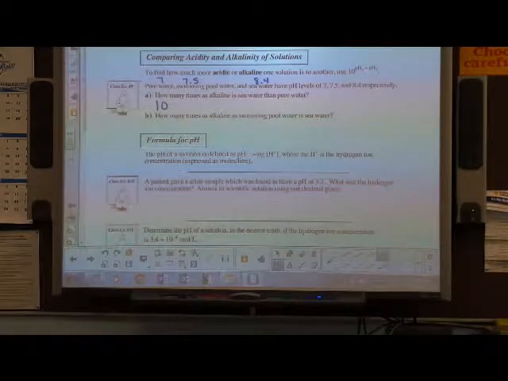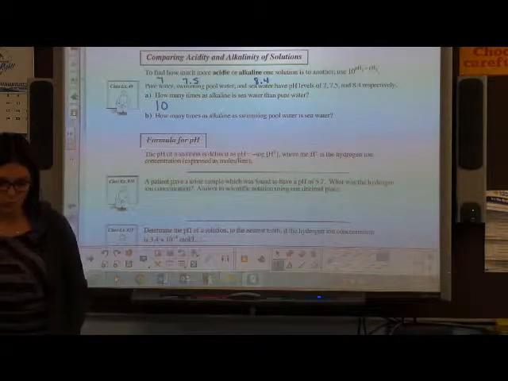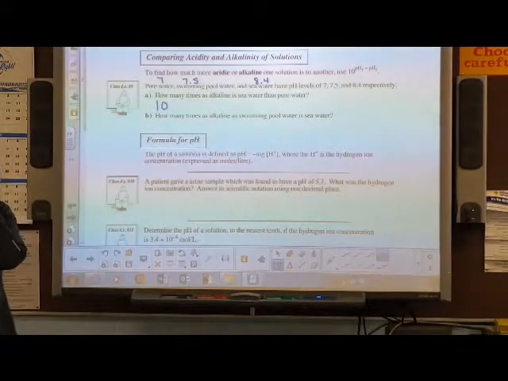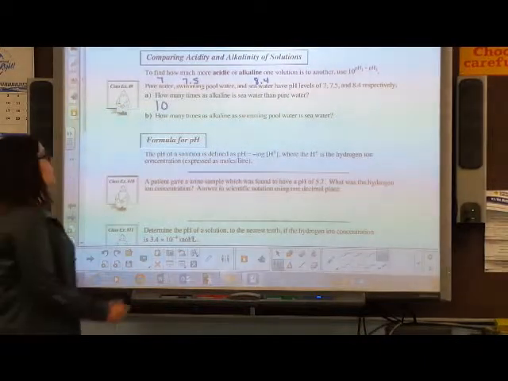So the question is, seawater is 8.4, pure water is 7. Would this be 10 to the power of 7 minus 8.4 or 8.4 minus 7? 8.4 minus 7, good.